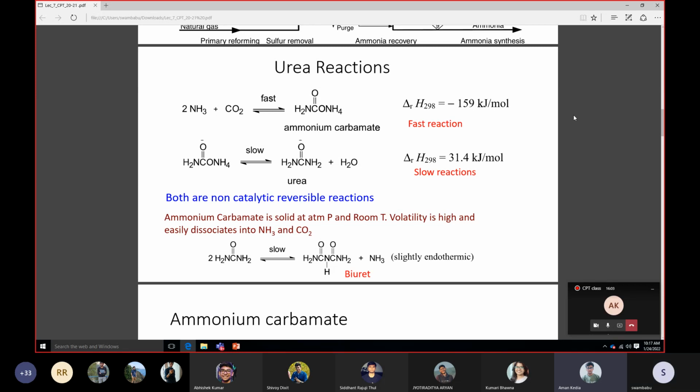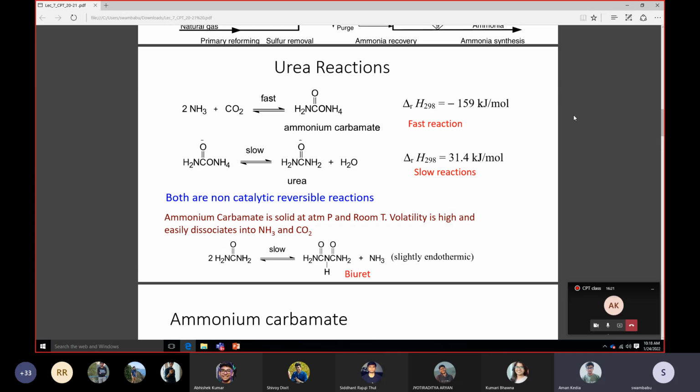To activate the catalyst. Very good. To activate the catalyst, we have to operate at high temperature. But here is a non-catalytic reaction, so we don't need to go to very high temperatures.